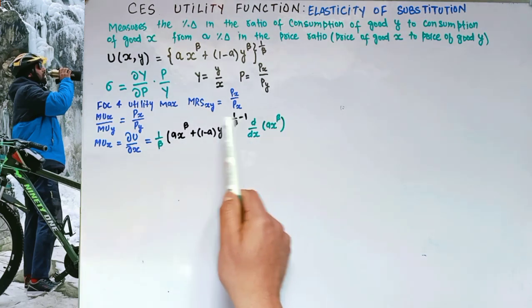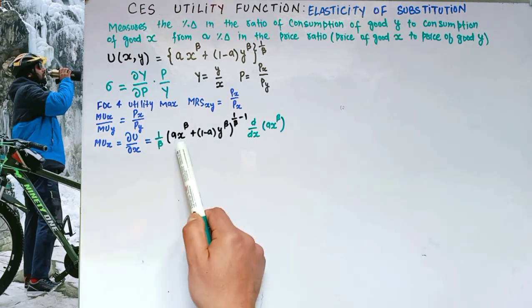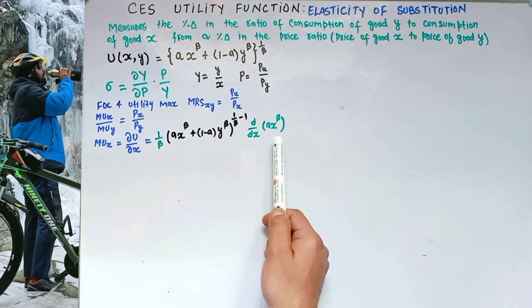So first we use the power function rule, and then we multiply by the internal derivative, because X is involved in the first term only here.